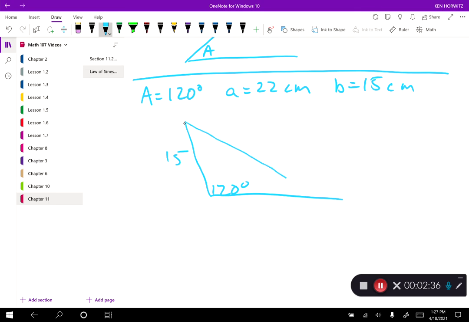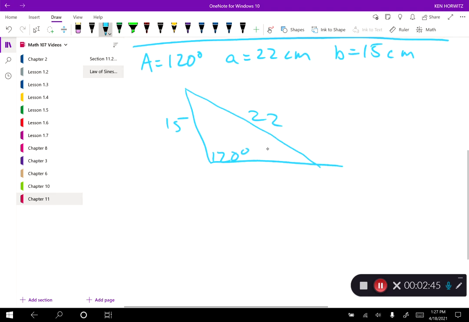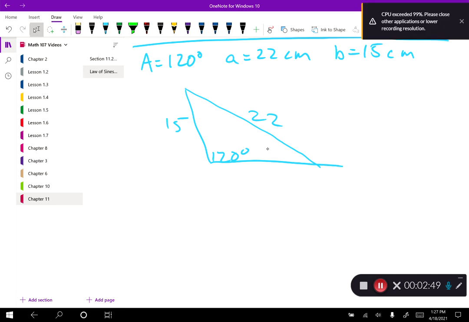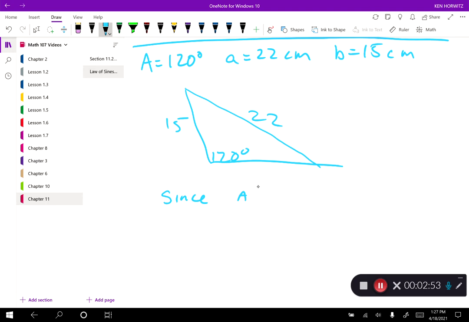And there's my 22. So the first thing we can determine is that we have a triangle, since side A is greater than side B, a triangle is possible.